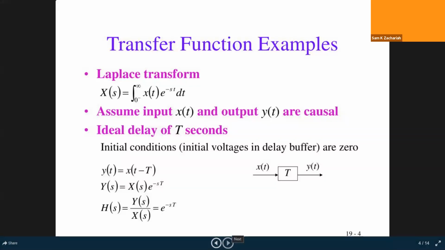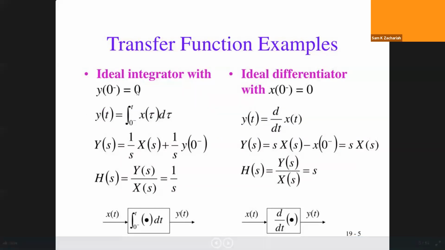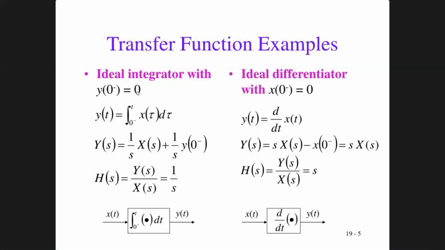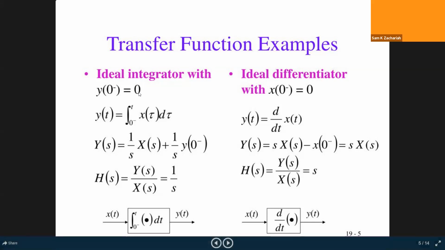The second element is the ideal integrator with y(0 minus) equal to 0. You might have seen the implementation of an integrator using an op-amp, operational amplifier. You have studied, am I right? Yes, sir. Okay. There is a capacitor across the op-amp, and if the capacitor's initial charge is equal to 0, that corresponds to an initial output voltage of the integrator of 0.